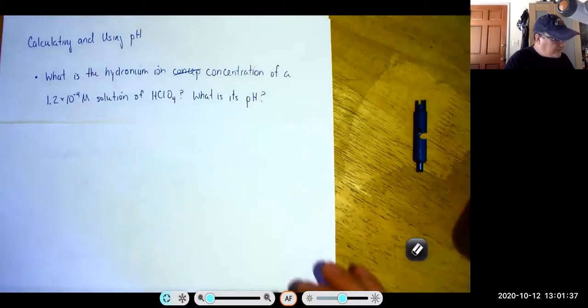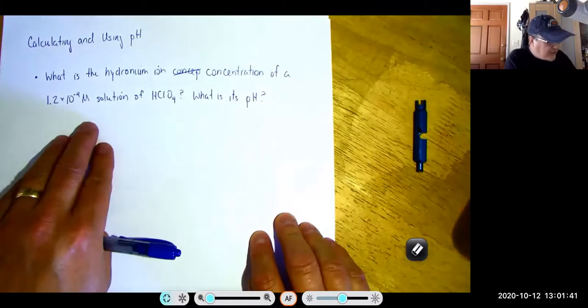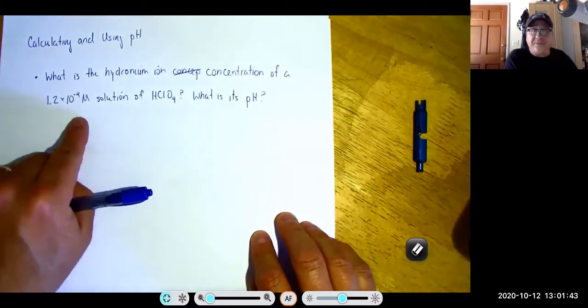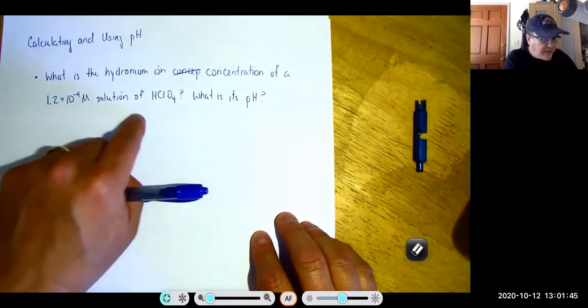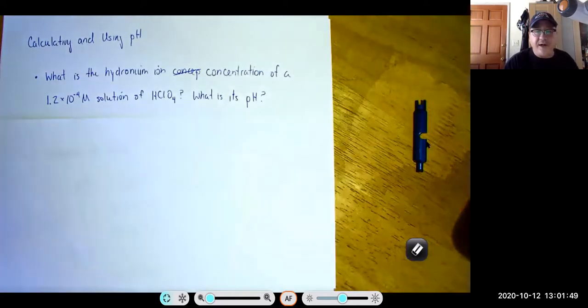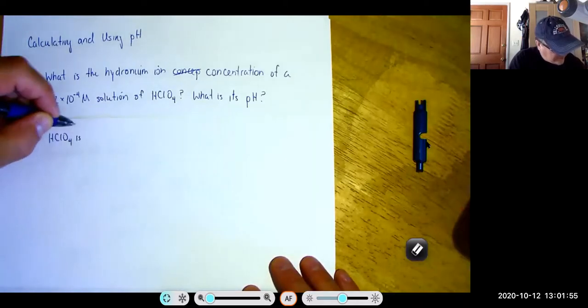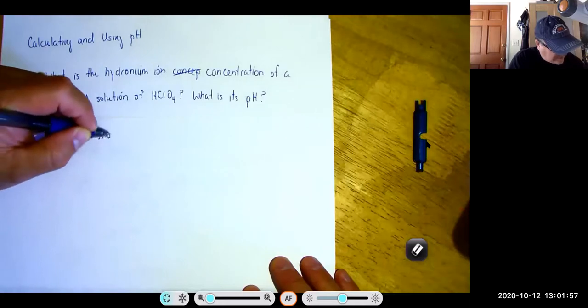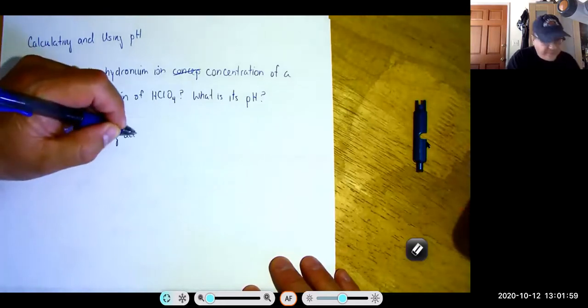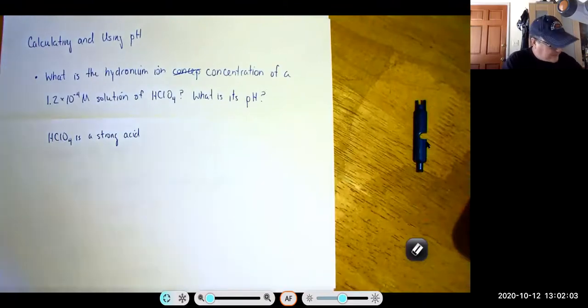So here, what is the hydronium ion concentration of a 1.2 times 10 to the minus 4 molar solution of HClO4? This one has a nuance to it. The nuance is this. This is called perchloric acid. It's a strong acid.